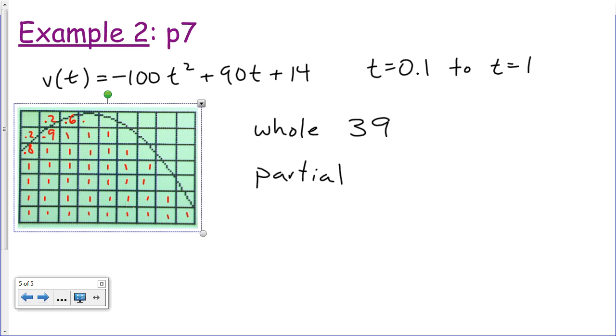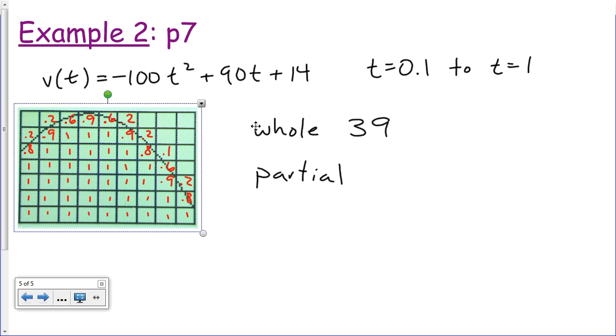Then 0.9. It looks like there's actually some symmetry here in my graph, so that's 0.6, 0.2, 0.9, 0.2, 0.8. So that's 0.1, 0.6. That one was almost a whole square right below, but that's 0.9 for me. 0.2, and finally 0.8. Okay, let's go through and tally those up.